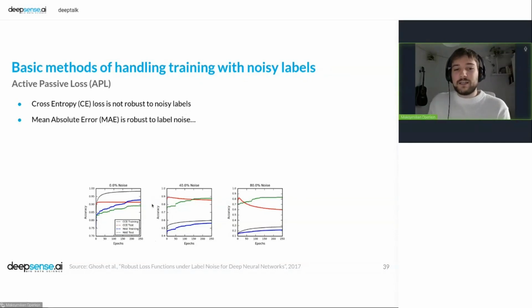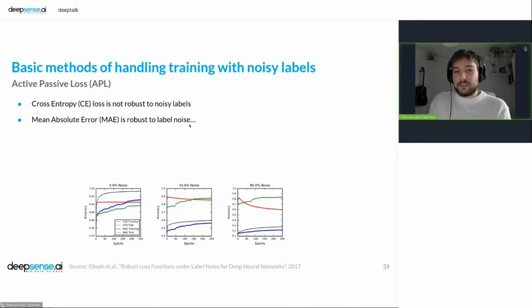As you can see here, if we have clean labels, so no noise at all, the cross entropy on the test is pretty good. It's better than mean absolute error, obviously. Then if we introduce some noise, for example 40% of noise, it will overfit. So it will increase and then decrease slightly. Now we have 80% of noise, and it will overfit once again.